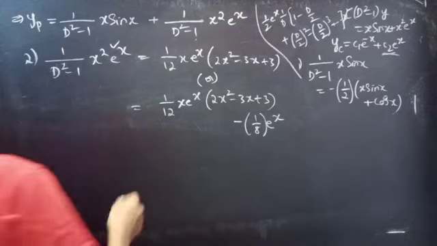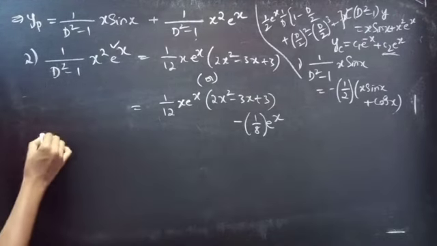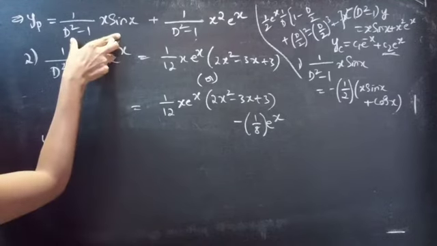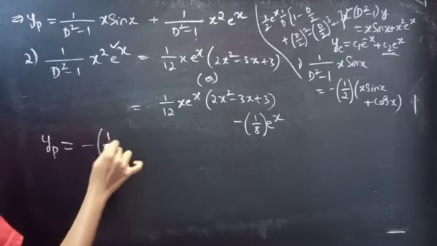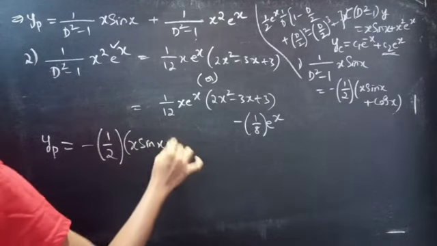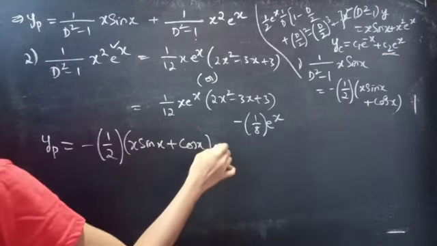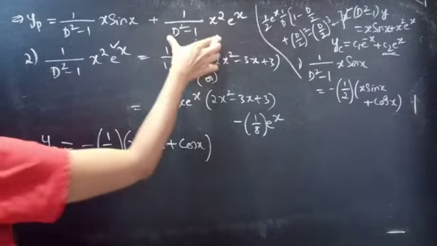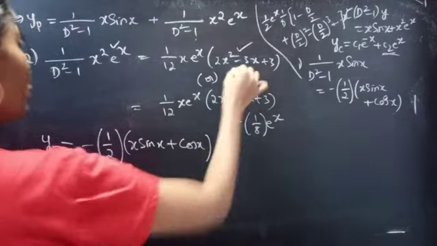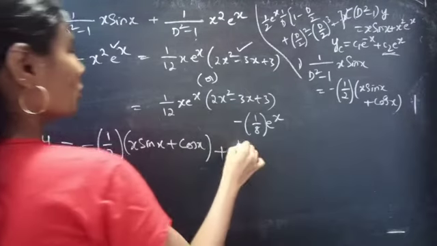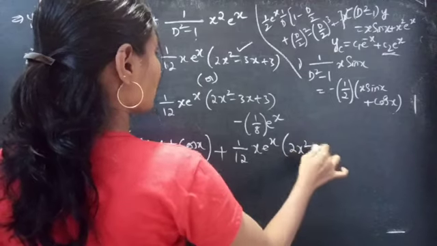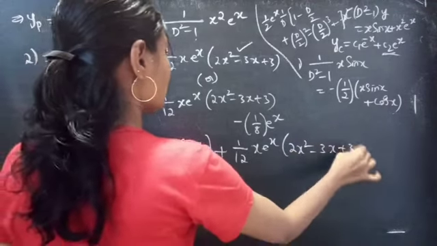Okay, now coming to yp. yp equals the result obtained from the first term, which is minus 1/2 times (x sin x plus cos x), and the result obtained from the second term. I'll go for the first one now: 1/12 times x e^x times (2x² minus 3x plus 3).